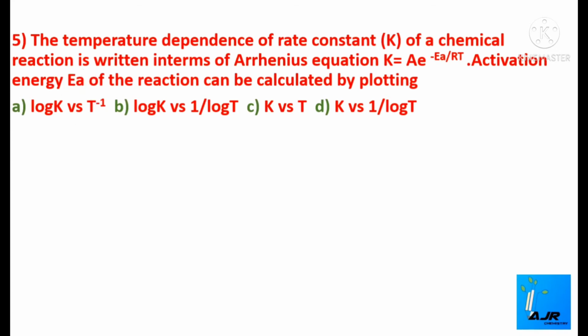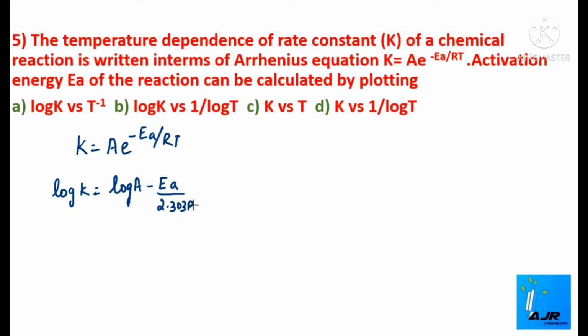Let me write the Arrhenius equation first. K is equal to A e power minus Ea by RT. When you take log on both sides, log K is equal to log A, where A is the frequency factor, minus Ea by 2.303 R into 1 by T. This equation is similar to the straight line equation, y is equal to c plus mx.